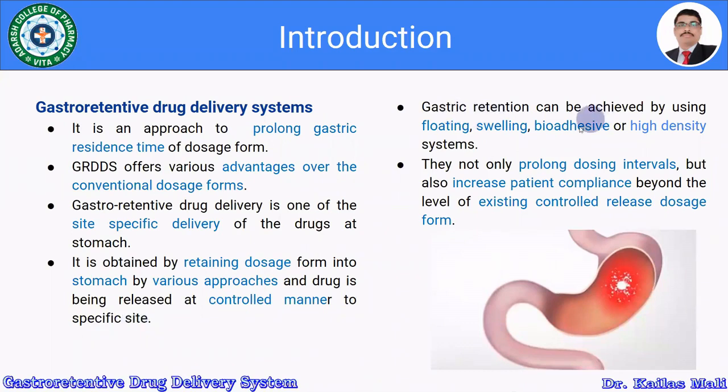Gastric retention can be achieved by using floating, swelling, bioadhesive, or high density systems. These are some approaches by which we can retain the formulation in the stomach, that is, increase the residence time of the formulation in the stomach.